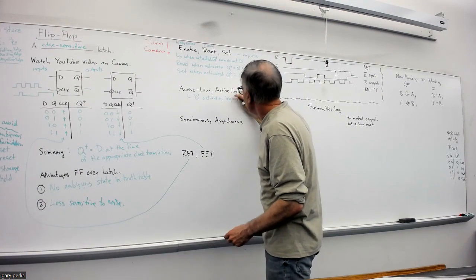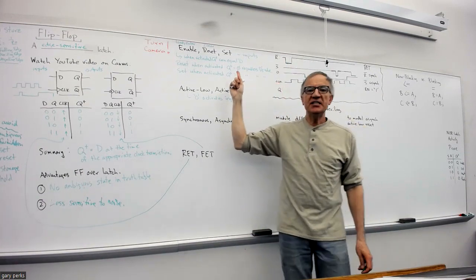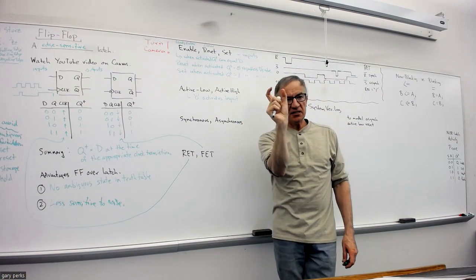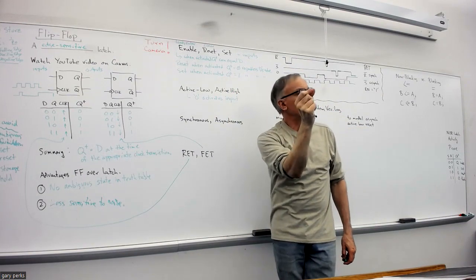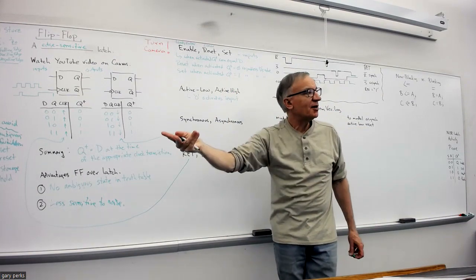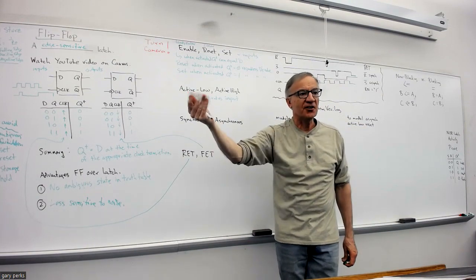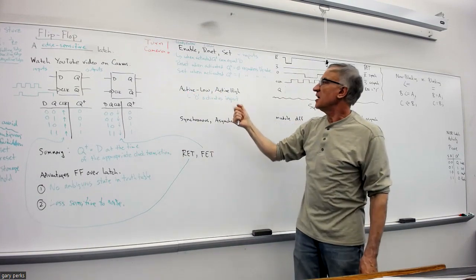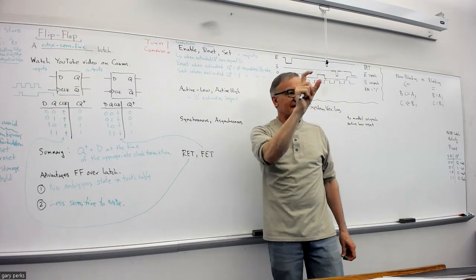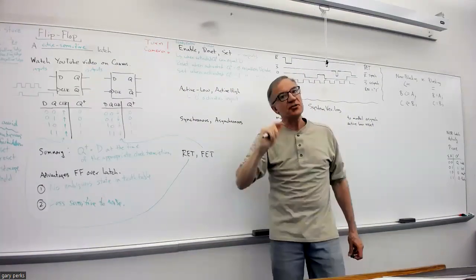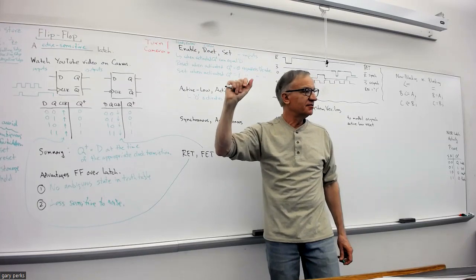So if you have an active low reset, you have to make the reset input equal to a 0 to get the flip-flop to reset, to get the outputs to go to 0. If it's an active low set, that set input has to be a 0 in order to get the Q to go to 1.